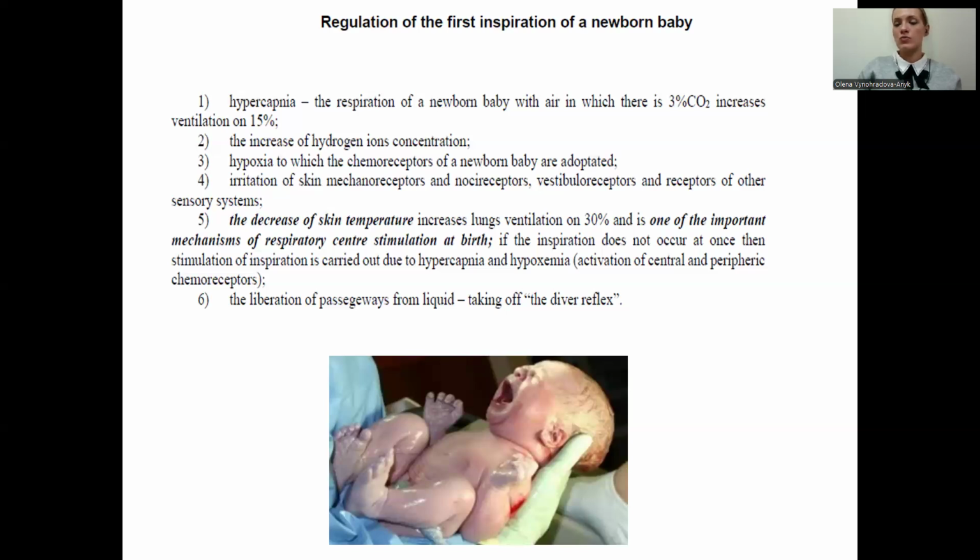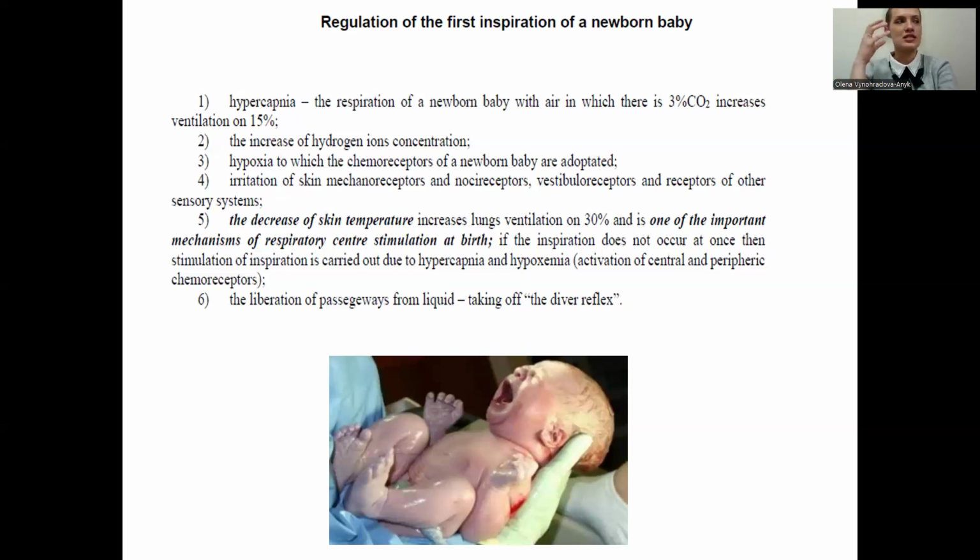And one more important mechanism, this is liberation of the passageway from liquid and taking off the diver reflex. It's also an interesting reflex. We say that we have diver receptors. What are diver receptors?